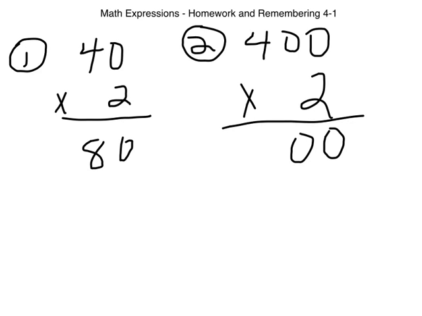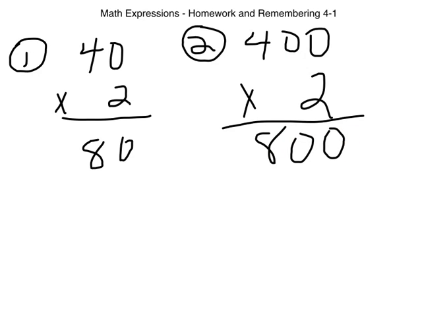And then 4 times 2 is 8, and we get 800. We notice there is one extra 0 in 800 than 80. There is one extra 0 in 400 than the 40. So once again, we could cover up our zeros and say, what's 4 times 2? Well, that's 8. And then we just add these two zeros back, and we get our product of 800.